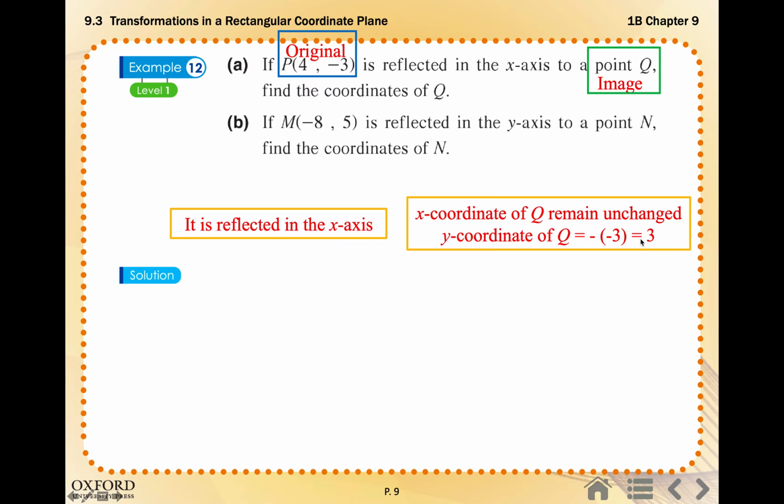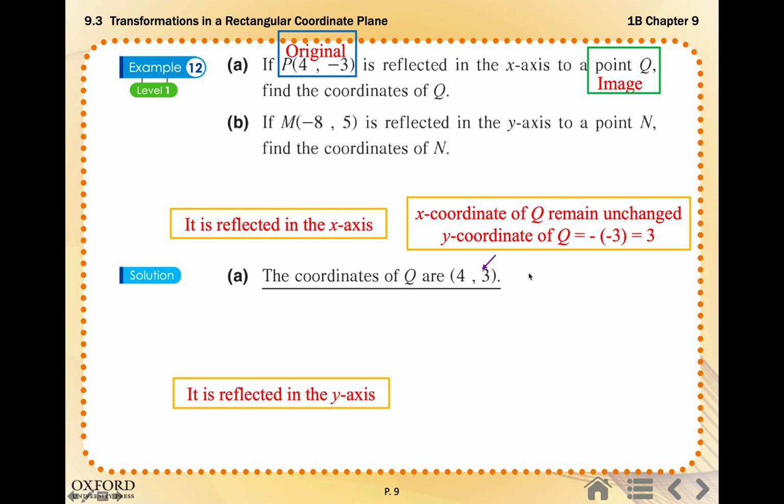That's why we get the y-coordinate of Q is 3. So I may just write down the answer like this. The coordinates of Q are 4 and 3, because the x-coordinate of Q is the same as the x-coordinate of P. And next, the y-coordinate of Q should be the negative of the y-coordinate of P, so negative 3 will become positive 3.